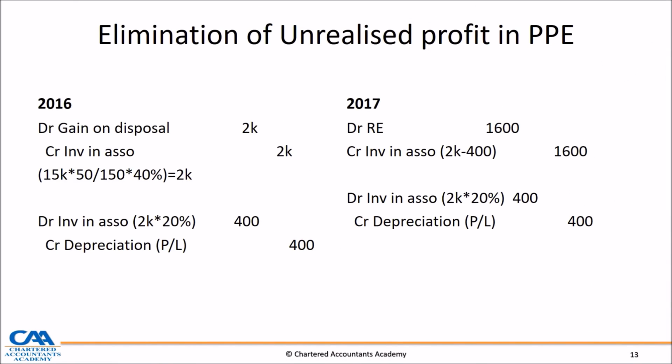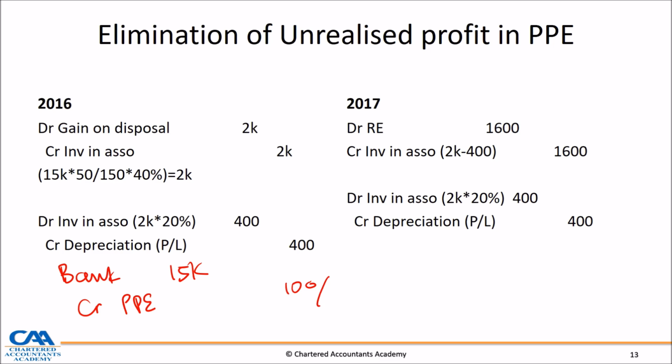So if you are to do the calculations, we know that the PPE which was sold for 15,000, which means the parent obviously debited bank 15K and credited PPE, but PPE did not have a carrying amount of 15K, obviously, because there was a markup which was put to get to this 15.